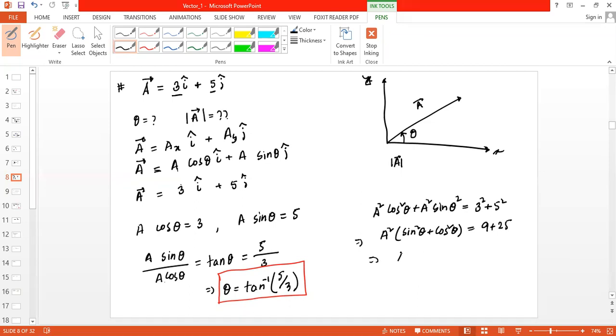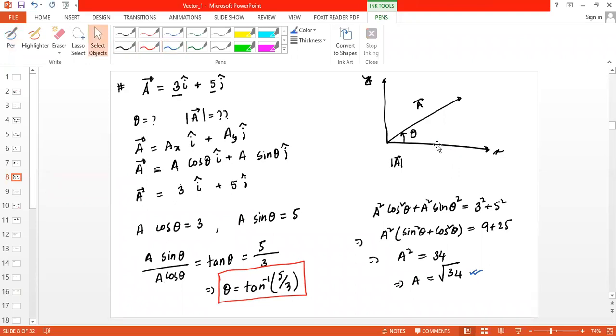So that means A square is equal to 34, right? So that means A is square root of 34. So square root of 34, this is the magnitude of the vector, and this is the angle that the vector makes with the positive x-axis.